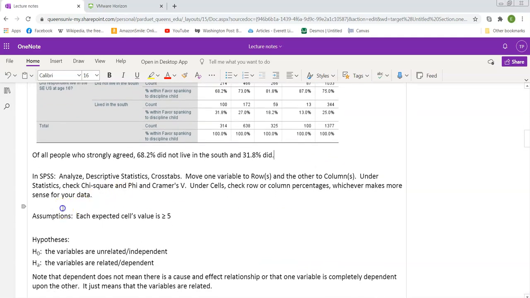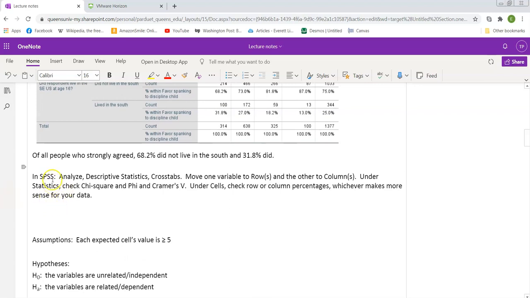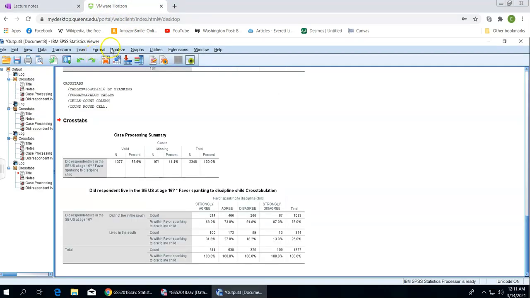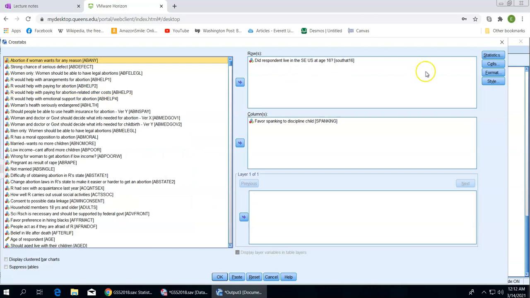So now let's run our hypothesis test, just like we've been doing. Analyze, descriptive statistics, cross tabs. Move your two variables over, and again, it doesn't matter which one is in rows and which one is in columns.